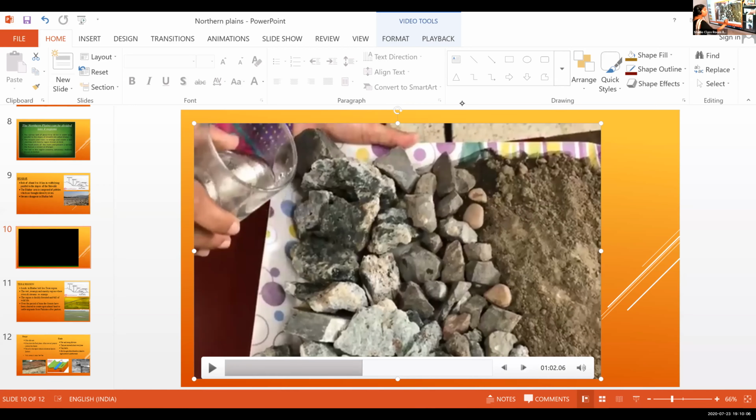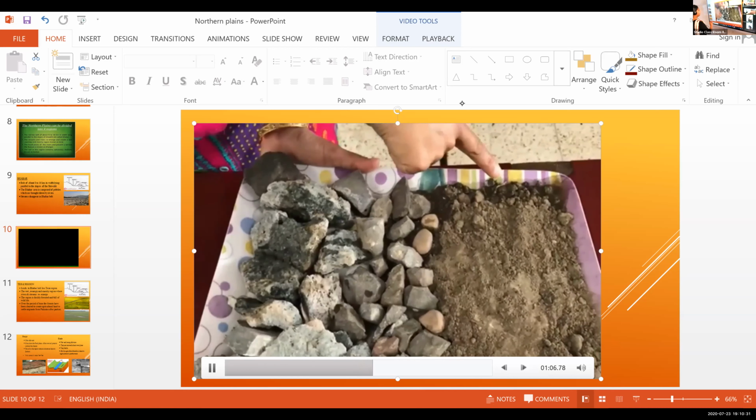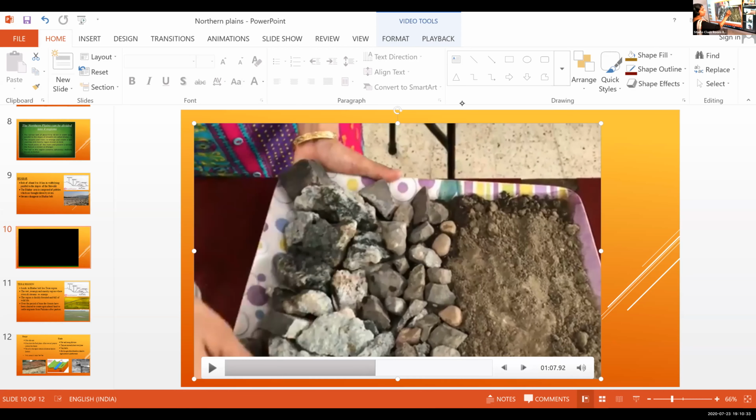This part is called the Bhabar Belt. It is composed of rocks and pebbles. Streams disappear, which means we cannot see the flowing rivers because of the rocks and pebbles. But when the same water reaches over here, you can see it. The next part of the northern plain is the Terai Belt.